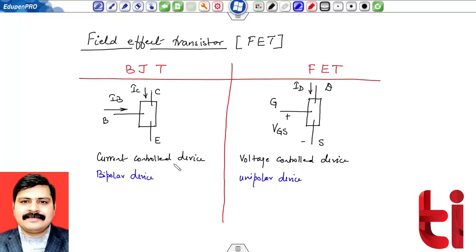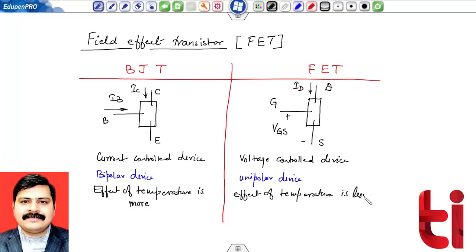Just because of this, the effect of temperature is more in case of BJT. However, the effect of temperature is less in FET.